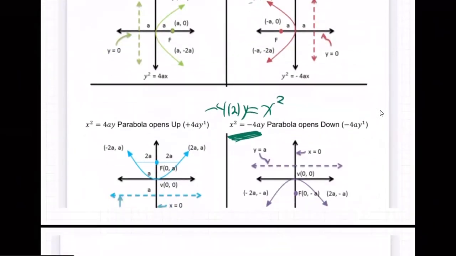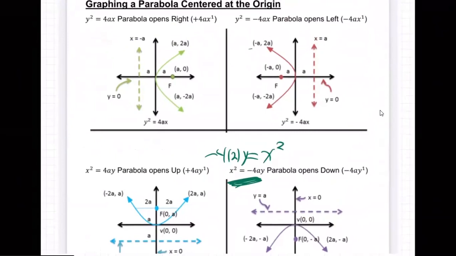That's in the notes to help you. It's all about 4ax. If positive 4ax means right, negative 4ax, that's what we got, left. And if you have positive 4ay, that's up. Negative 4ay, that's down. So we have negative 4ax, to the left.